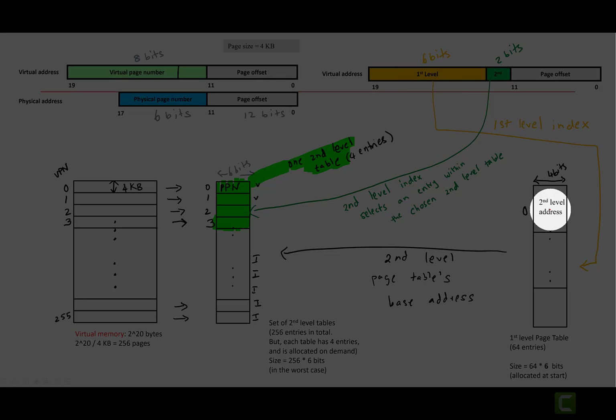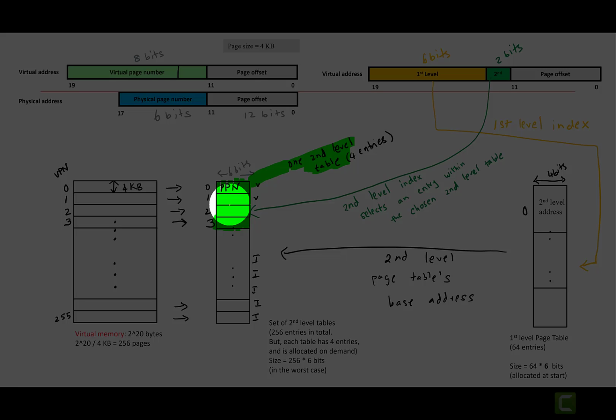Now they don't actually contain the actual address for a physical memory location that contains the superpage. No. Instead, it contains the physical page address that allows the operating system to retrieve the second level page table, which then contains the individual translations for all the small pages within that superpage.